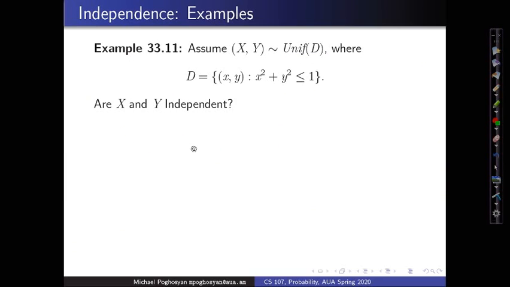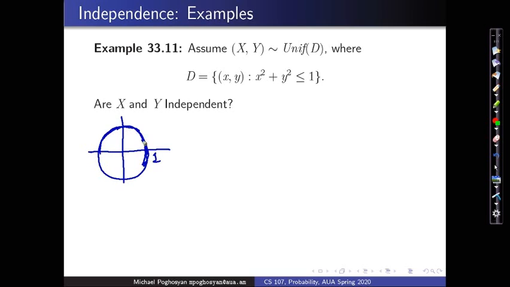So the next one is the following. Again, uniform distribution, but in a circle, in a unit disk, in fact. So first, geometrically, the domain where we are doing our calculations, where our random variable is uniformly distributed.